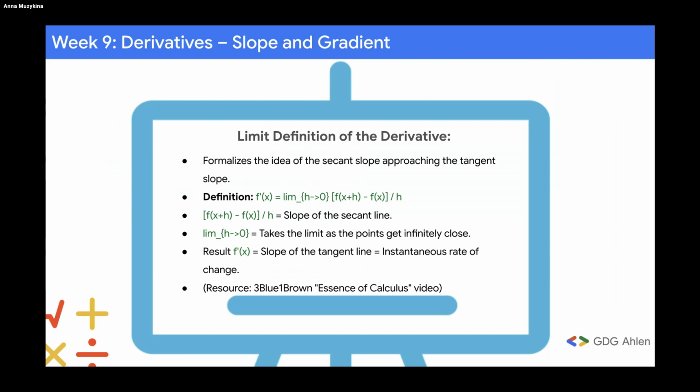This limit definition precisely captures the idea of finding the slope at a single point by seeing what the slopes of nearby second lines approach. The 3Blue1Brown Essence of Calculus series has a fantastic visual explanation of this limit definition.